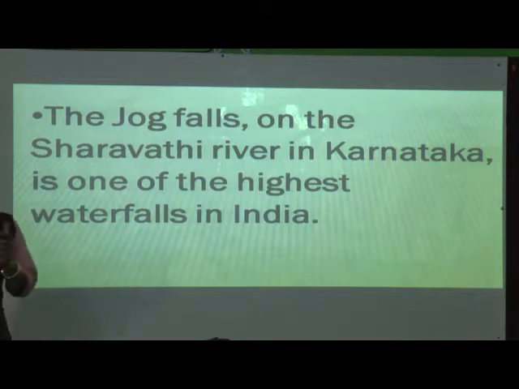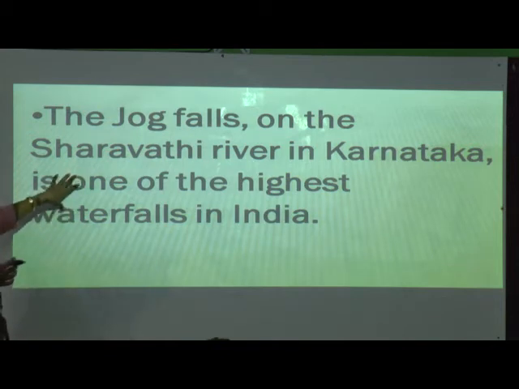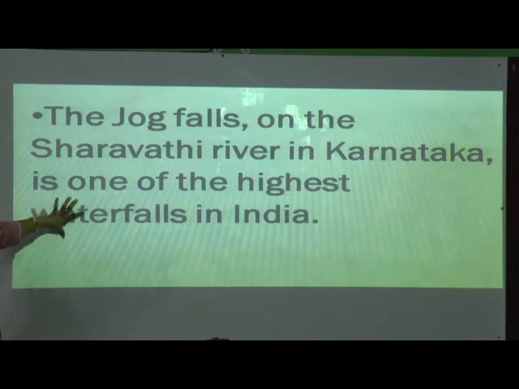Waterfalls means what? The water is coming from the upper side and flowing down. Jog Falls is also the same, but it is very high. One of the highest waterfalls in India. Where is it? It is in Karnataka, on the Sharavati river.